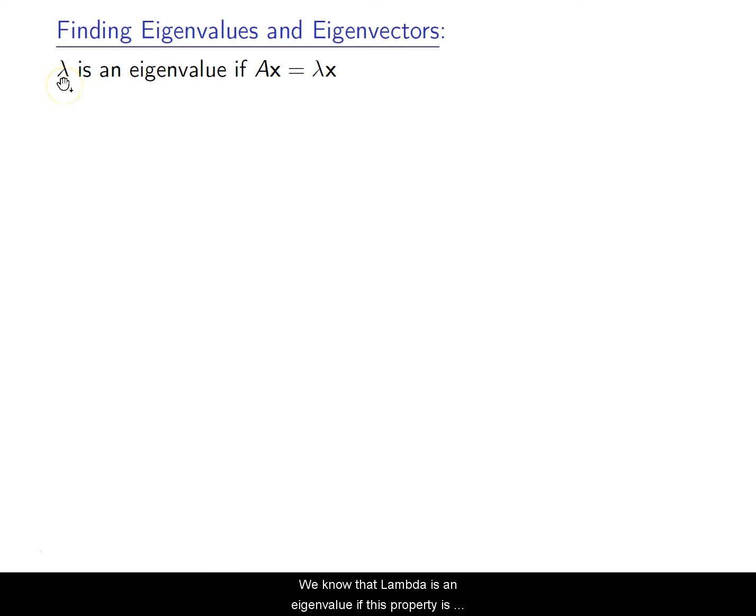We know that lambda is an eigenvalue if this property is true. That is, A times some vector is just a constant multiple of that vector. That's what we just worked out. So if I move some things around, then the 0 vector is equal to lambda minus A times x. I basically just subtracted this on both sides. I can factor out this vector x.